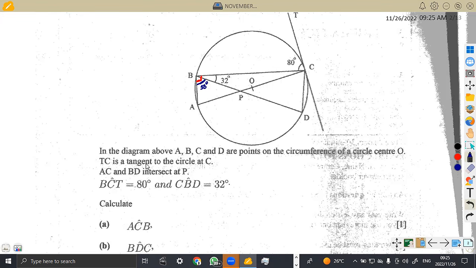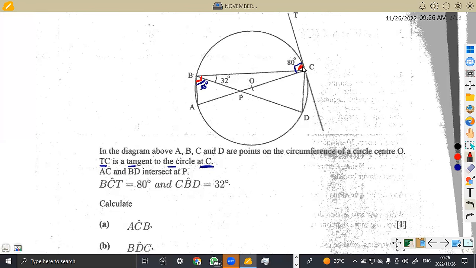Let's move on to the other part. We are given that TC is a tangent to the circle at C. We know that a radius and a tangent meet at 90 degrees. So this angle from A to C to T, the whole of this angle, is 90 degrees. But previously, we are given this angle BCT as 80 degrees.